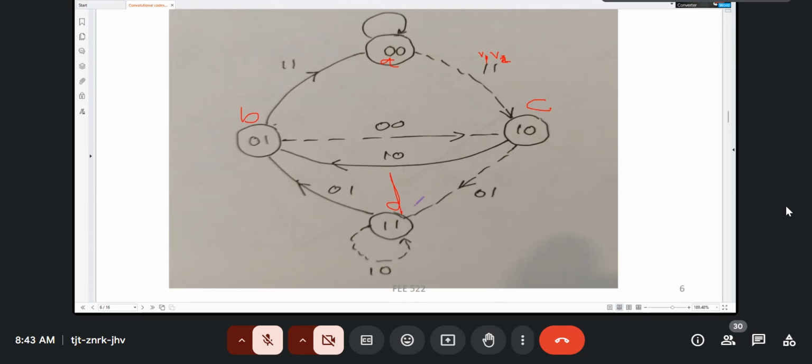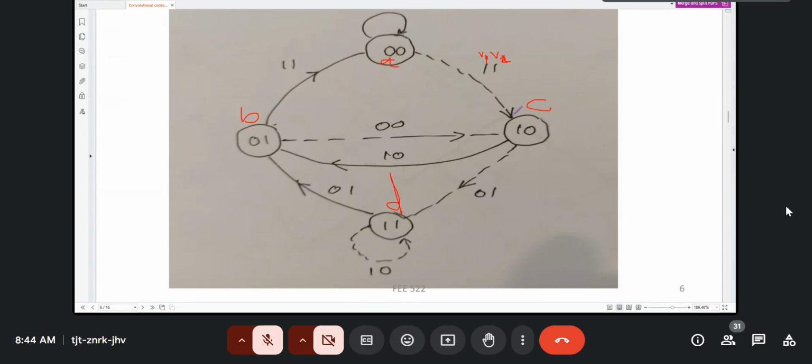In the state diagram, you are trying to show what is a 1 and what is a 0. If the input is a 0, we have the continuous line, and if the input is a 1, you have the dotted line.